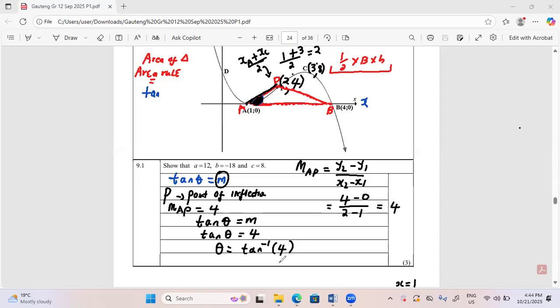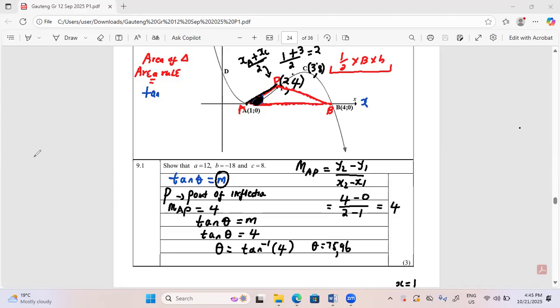I don't have a tissue, but the phone might help. Let me check for the scientific calculator on my phone. I need the second function of tan. Shift tan of 4. Yes, it's 75.96.